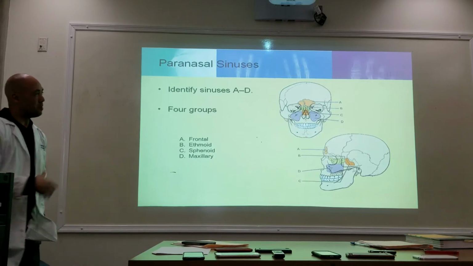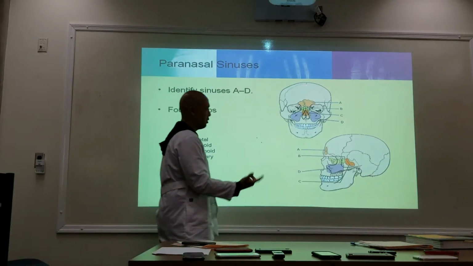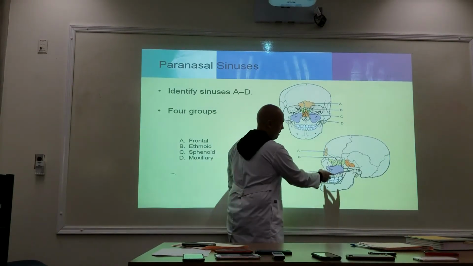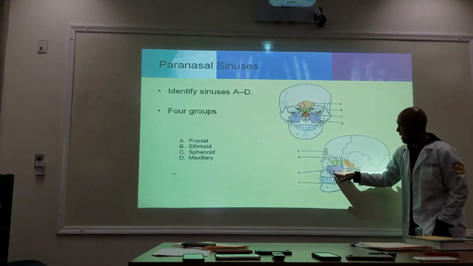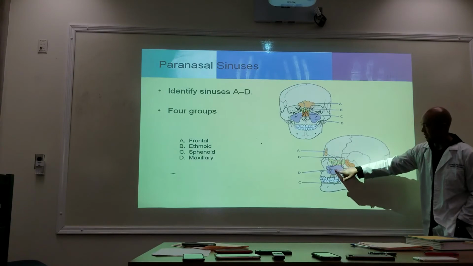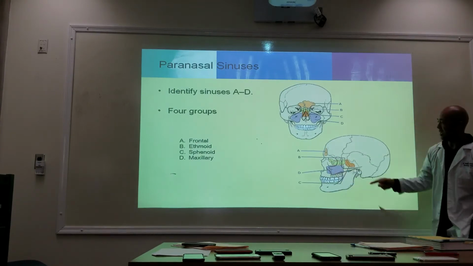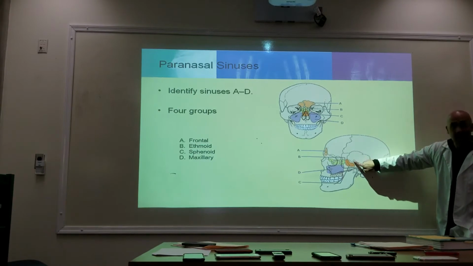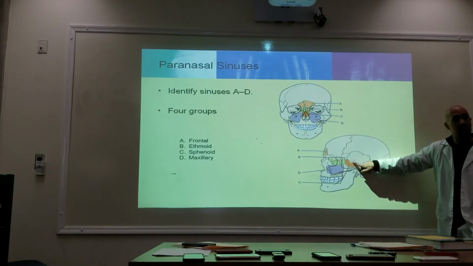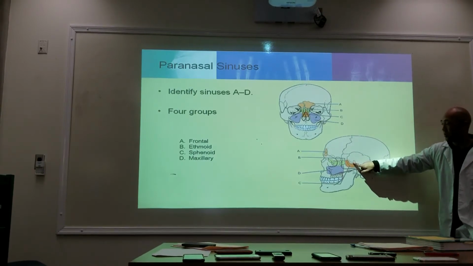Also be familiar with the orientation. When you're looking at it laterally, the maxillaries and the frontal are pretty easy to identify. Remember the sella turcica? What bone is the sella turcica found in? The sphenoid.